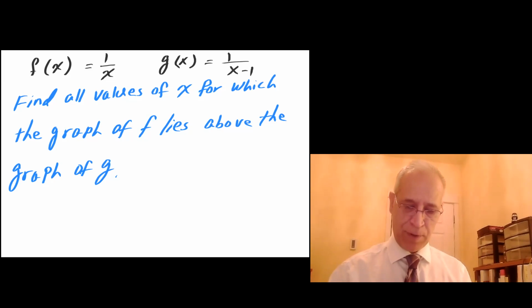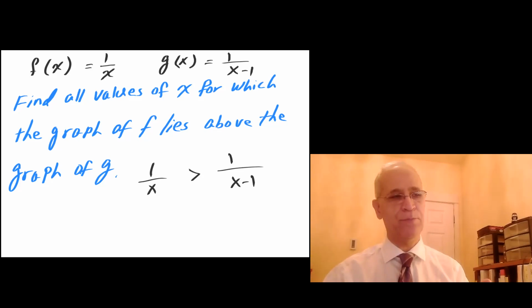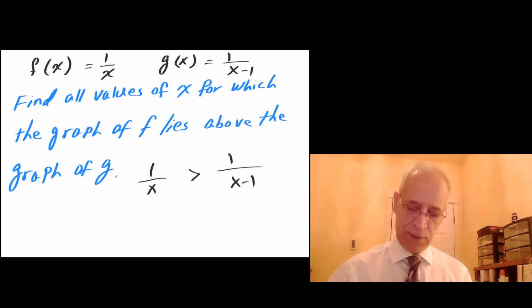So the nature of this problem is telling me to find the values where 1 over x is greater than 1 over x minus 1. This is what the question breaks down to algebraically. All right, I'm going to go ahead and put everything on one side.